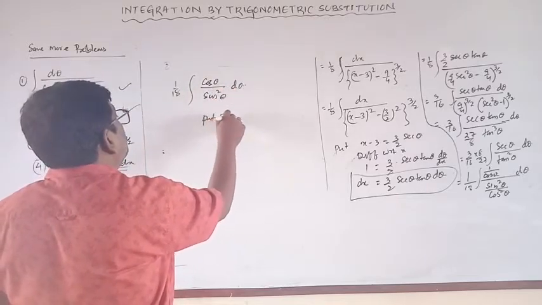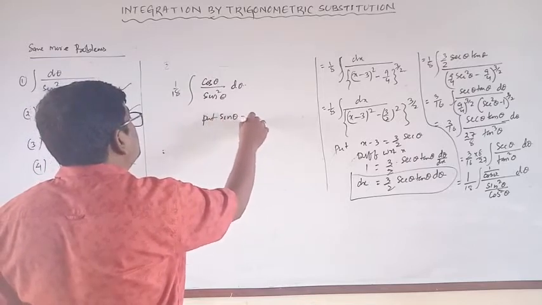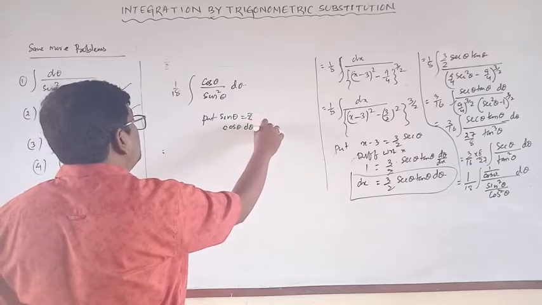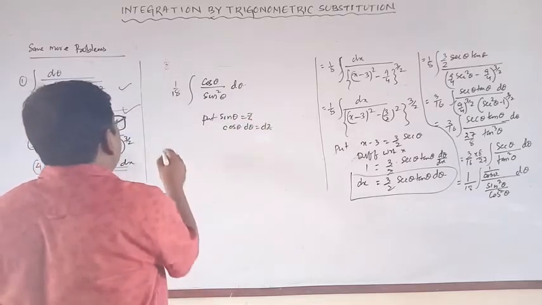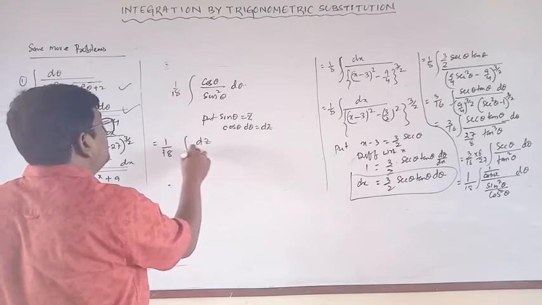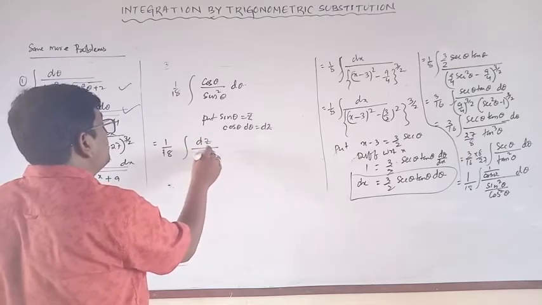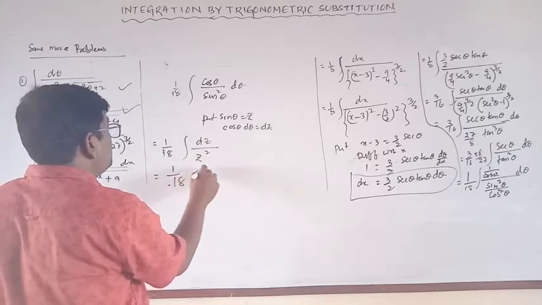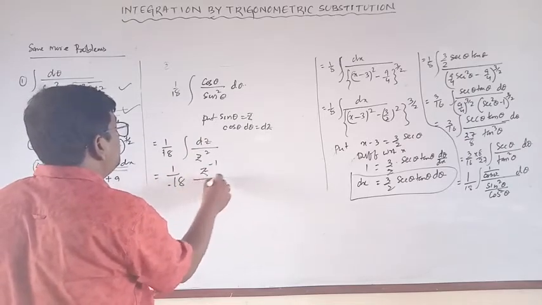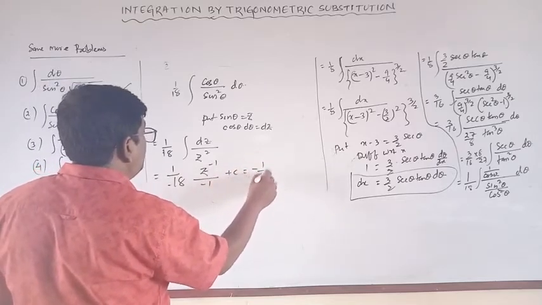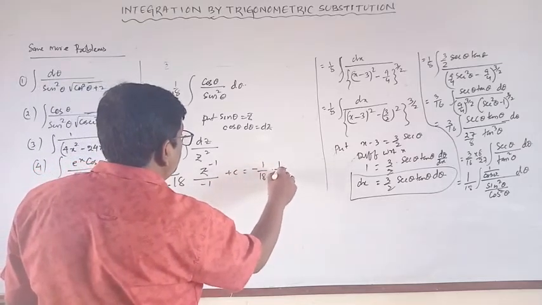Put sin theta is equal to z, cos theta d theta is equal to dz. So 1 by 18 dz by z square. So this is equal to 1 by 18 z to the power minus 1 by minus 1 plus c. So minus 1 by 18 into 1 by z.